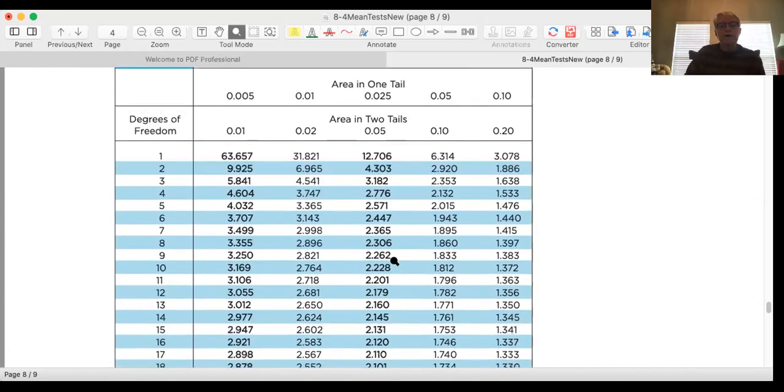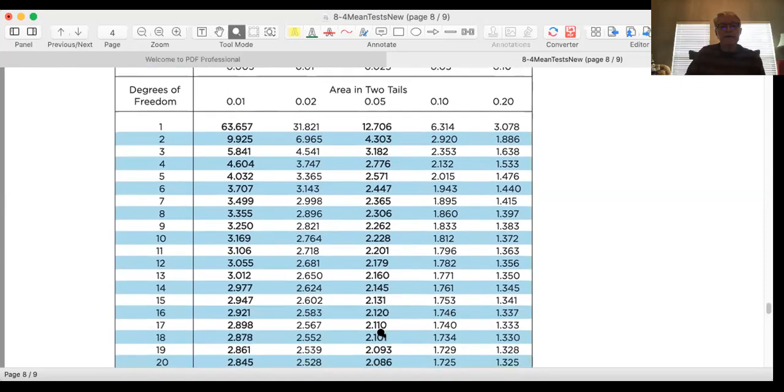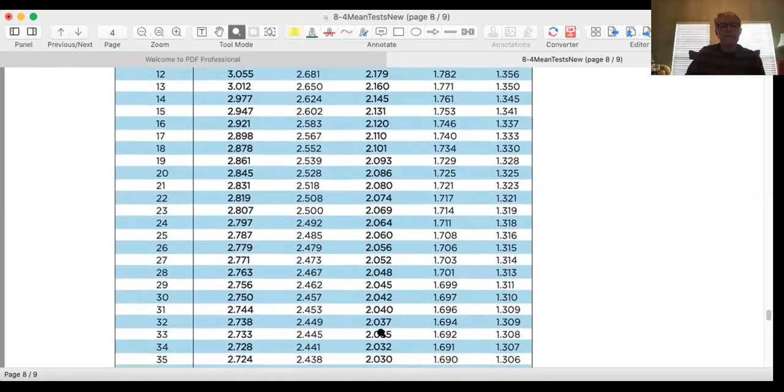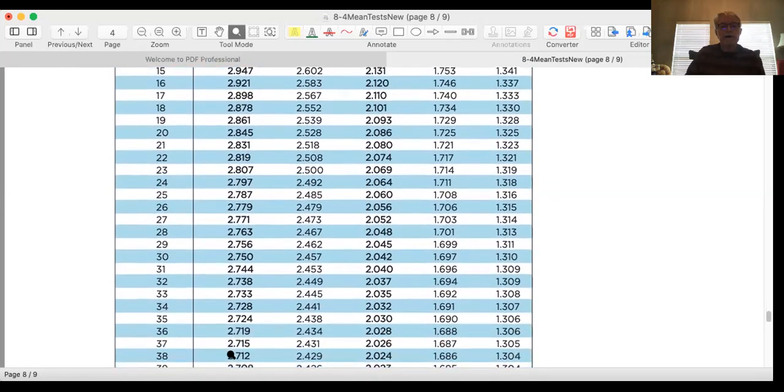Now we need to know the row. Well, the rows are on the left here, and they are basically the degrees of freedom. Remember, ours is 35. So we're going to look in the 0.05 column for area in two tails, and we're going to look in the 35 row. And the 35 row is right here, and we see that 2.030 is the critical value.